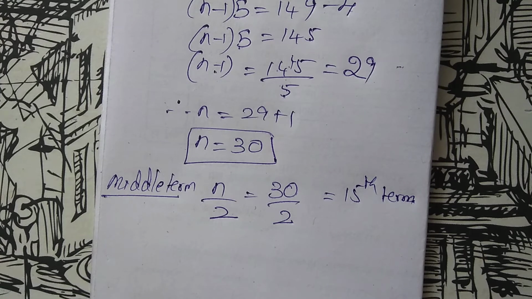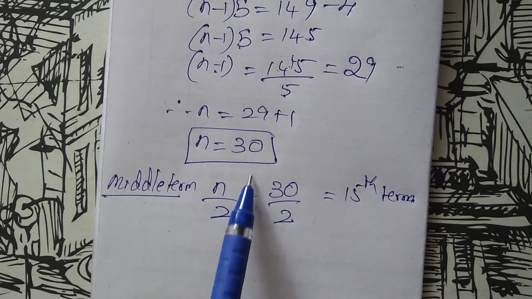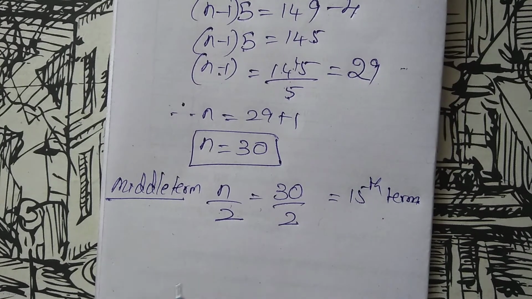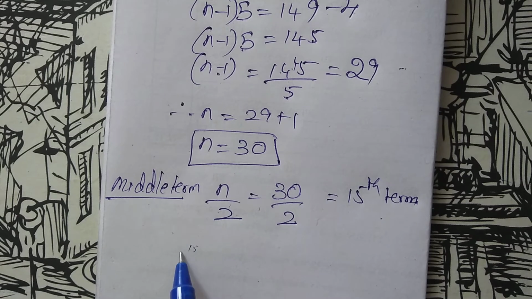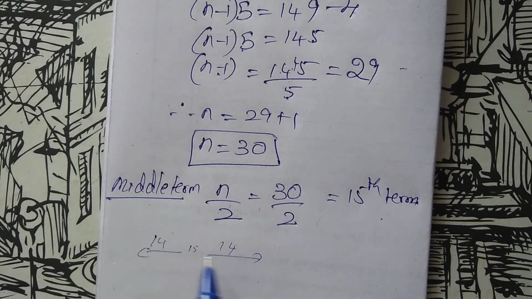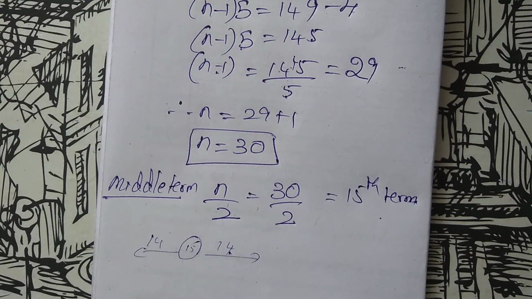When n is even, half of the terms, 30 by 2, 15 is the middle term. But when you see the sequence, on this side you have 14 terms and on this side you have 14 terms. 14 plus 14, 28 plus 1, this is becoming 29 only.